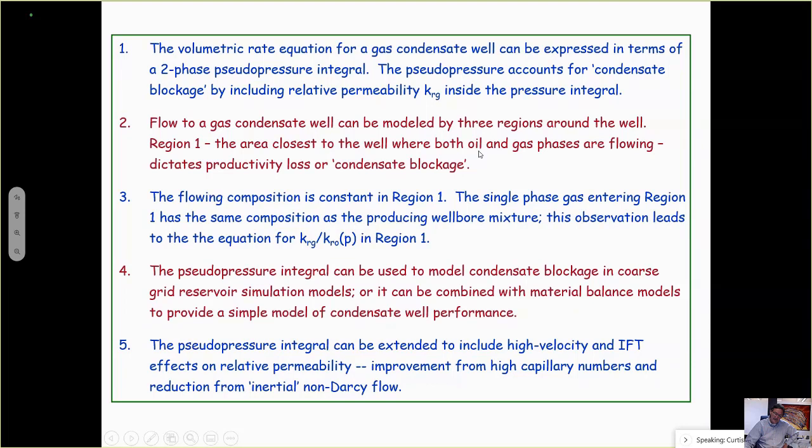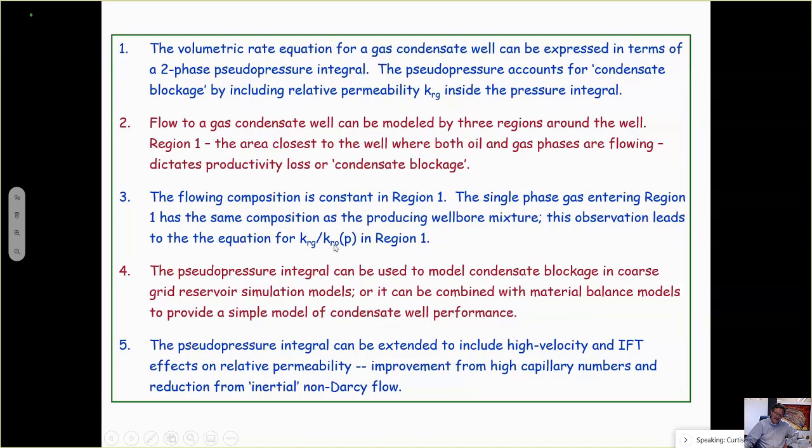Closest to the well, where you have both oil and gas phases flowing, will dictate the majority of the productivity loss, condensate blockage. Now, the flowing composition is constant in region 1. And actually, the example given in this E note here allows you to extract from the model what's necessary to get the flowing composition or the flowing GOR in black oil terms. So we'll show you how that's done.